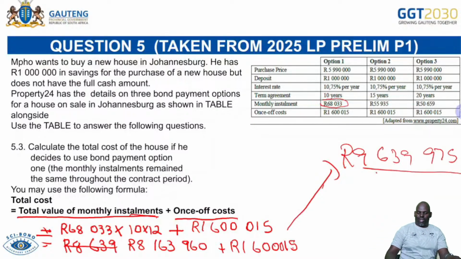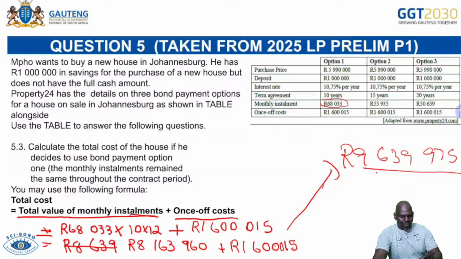Okay, 9,639,975. Remember, this one is according to the formula, and remember it's excluding the deposit. Because the formula indicated the total value of monthly installments plus once-off cost.